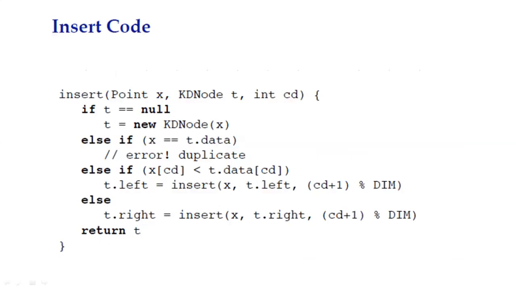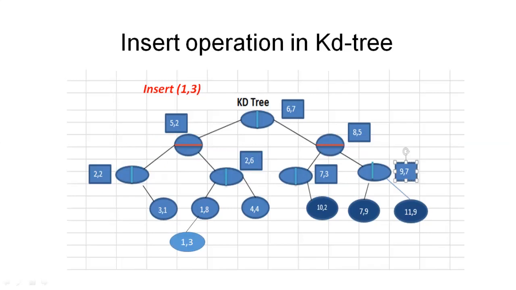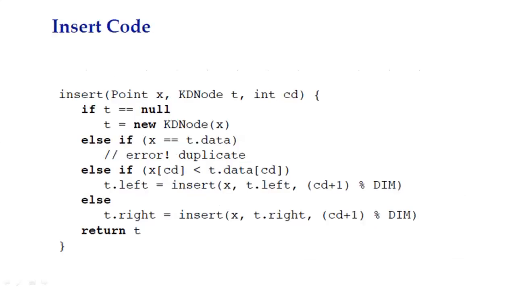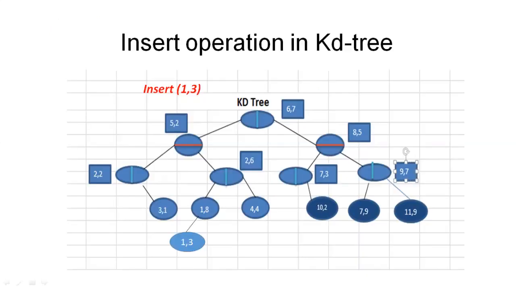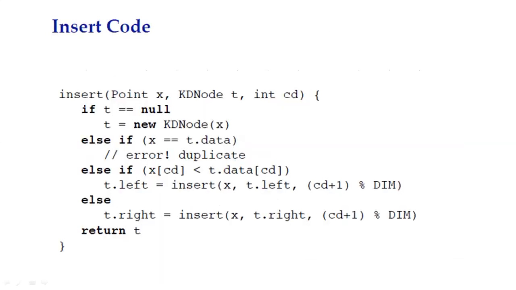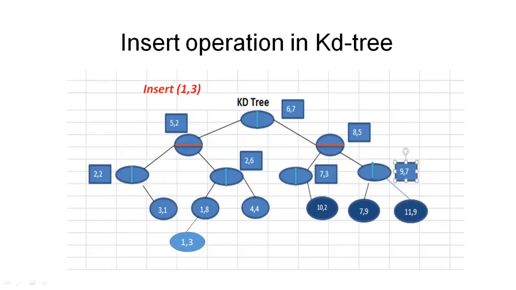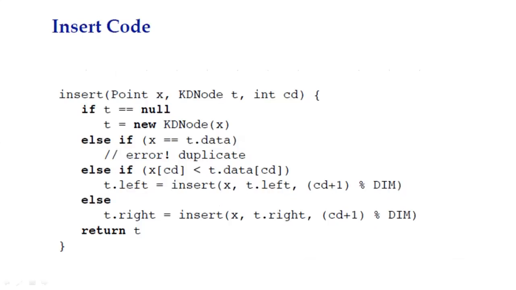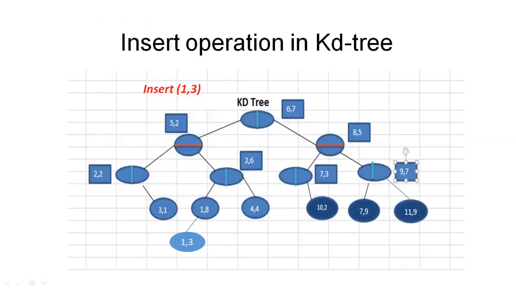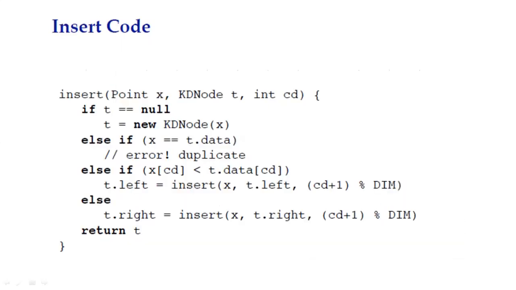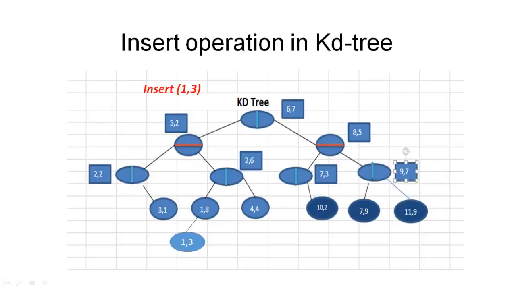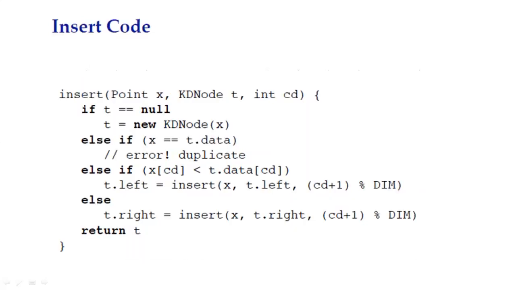So if the point's value for the cut dimension, like 1, where the cut dimension is x, that is 0, if the x coordinate of x is less than the x coordinate of the current node, that is t, then we have to continue the insert operation on the left subtree. So see here, the same procedure is called recursively, but on t dot left. That means we continue with the left child of the current node t.